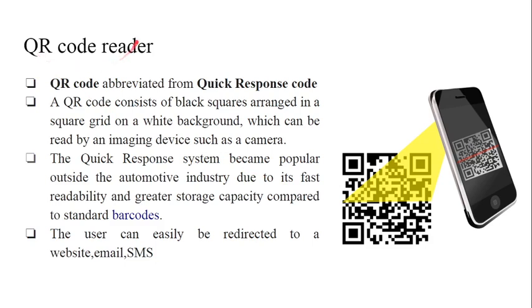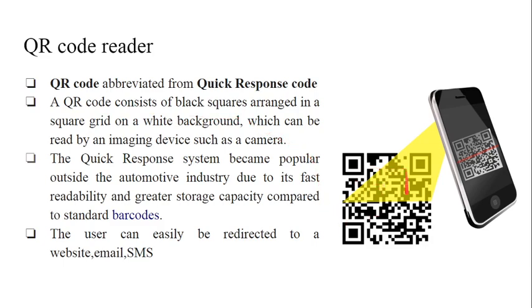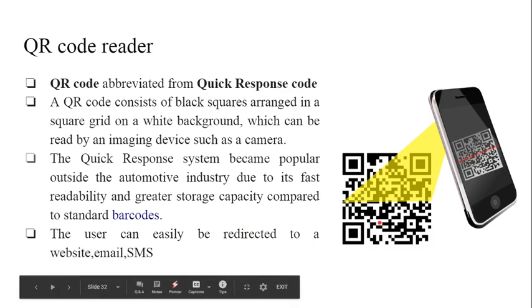Next is QR code reader. QR code is the abbreviated form of Quick Response Code. A QR code consists of black squares arranged in a square grid on a white background, which can be read by an imaging device such as a camera.